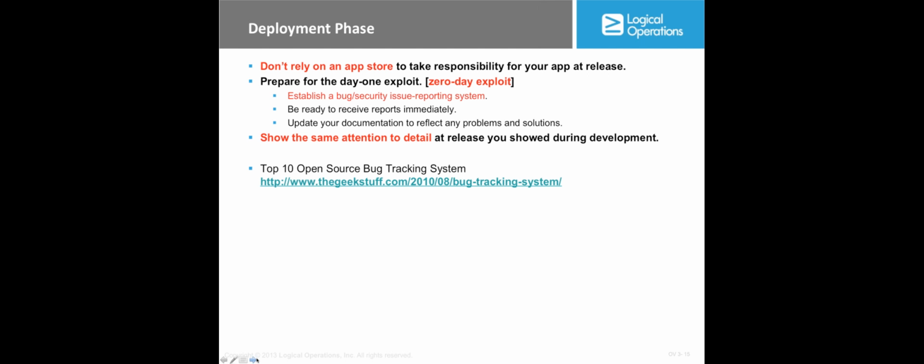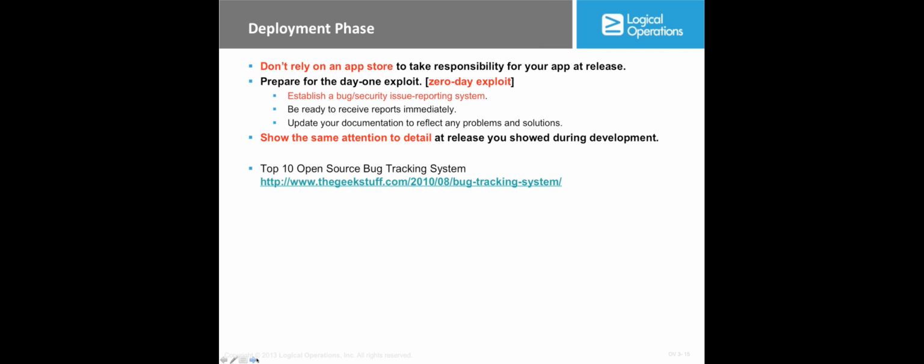That's what you need to prepare for once you hit the deployment phase. Once you're ready to get your product out there, plan for the unforeseen, being that 0 day exploit against your app that you don't have a patch for yet. What are you going to do? How are you going to collect reports? How are you going to keep in contact with your customer base?